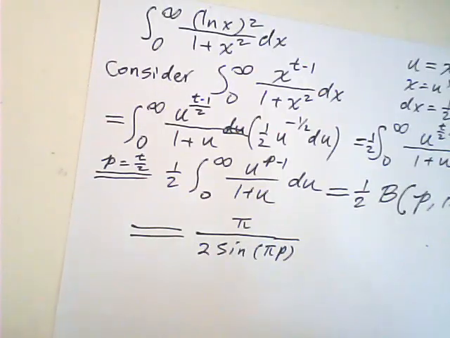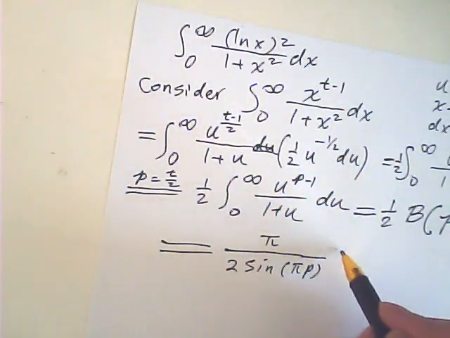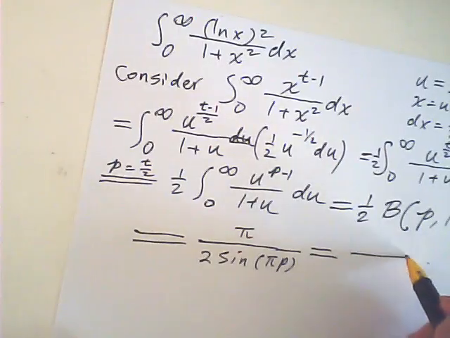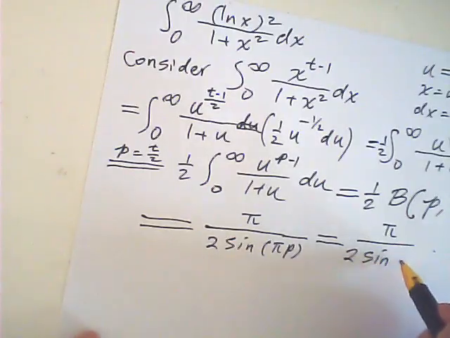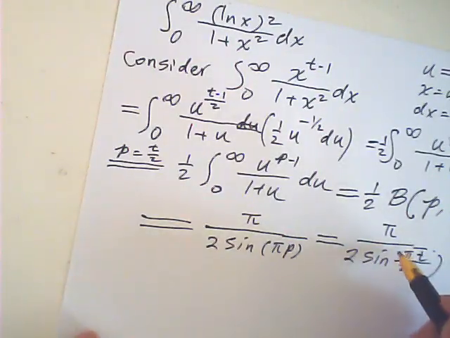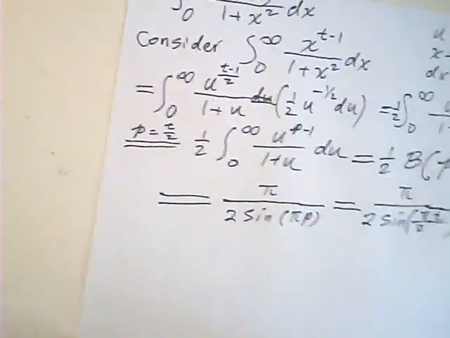Now my p is what? p is half t. So this is equal to pi over 2 sine of half pi t. Well, okay, good.